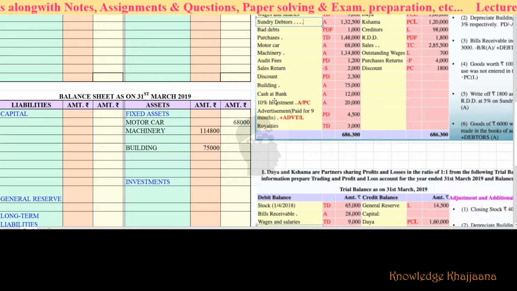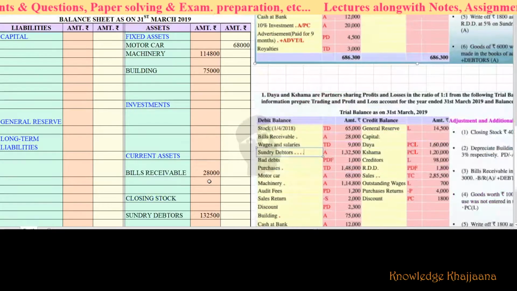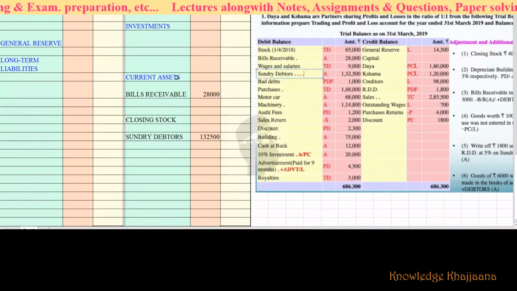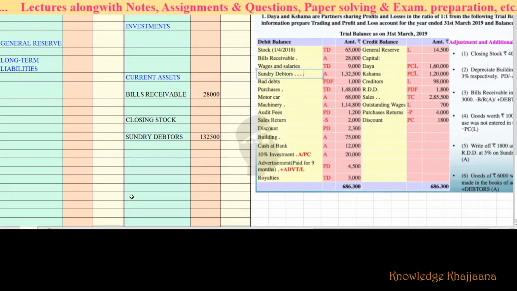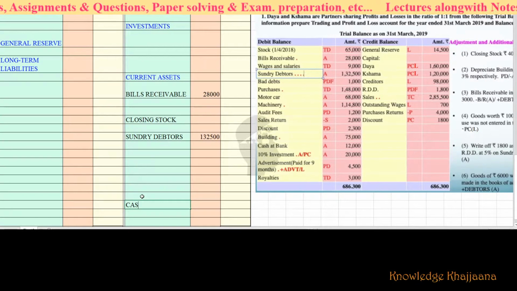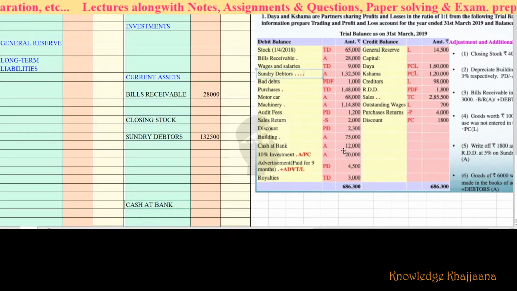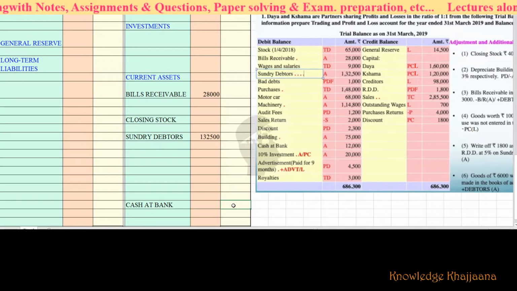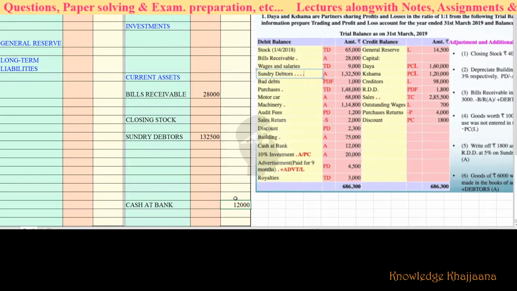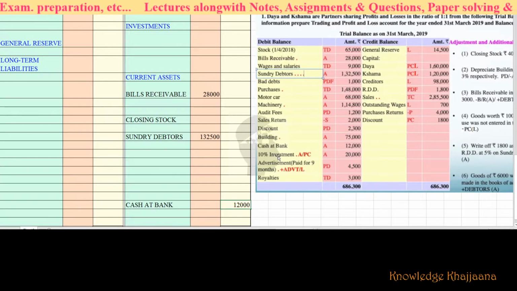Then cash at bank. What is cash at bank? Cash at bank is a current asset, so we can write it at the end also. How much is cash at bank? 12,000 rupees.